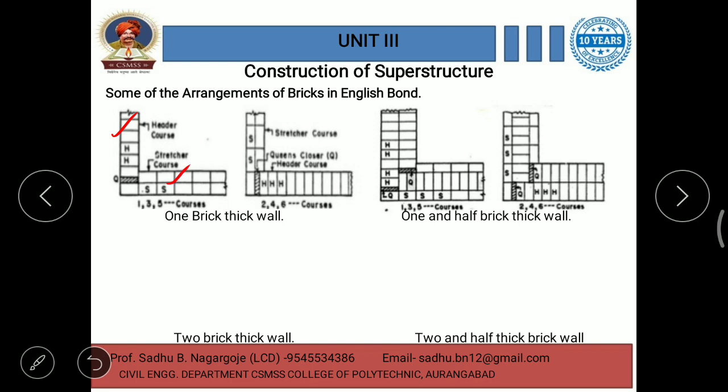Or we can rearrange that with the stretcher course vertically and the header course horizontally, named as 1, 3, 5 courses and 2, 4, 6 courses. And here, to break the continuity of joints, the queen closure is again provided at the junction. In the second diagram, a 1.5 brick thick wall is constructed.